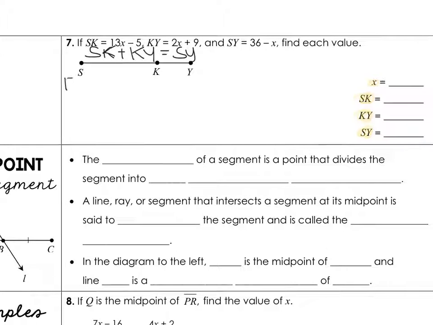Substitute in: 13x minus 5 plus 2x plus 9 equals 36 minus x. Combine like terms first: 15x plus 4.